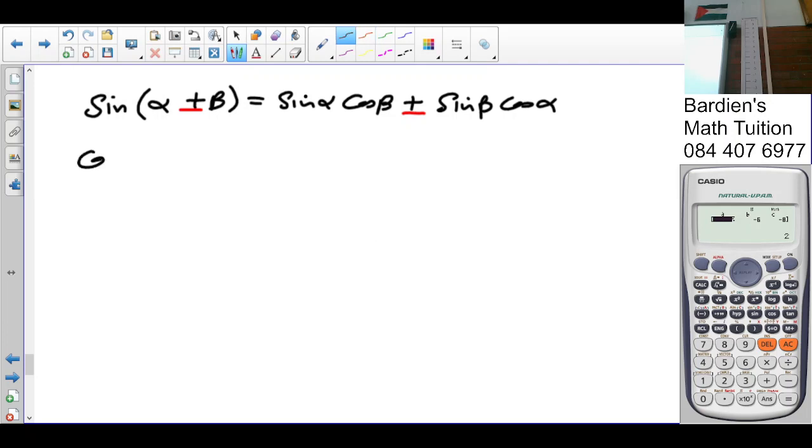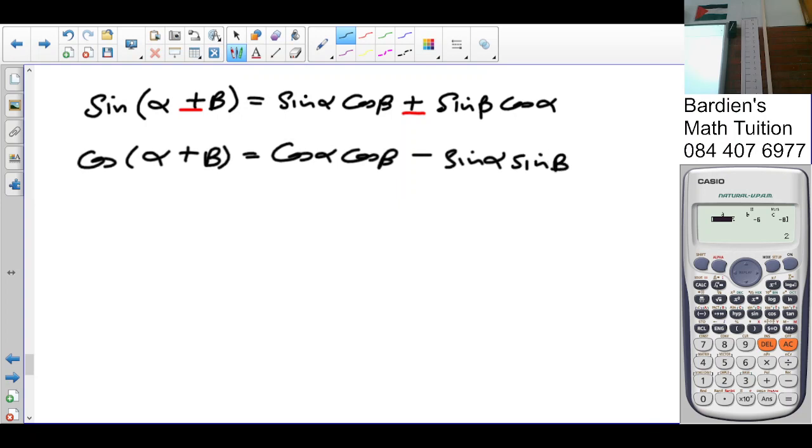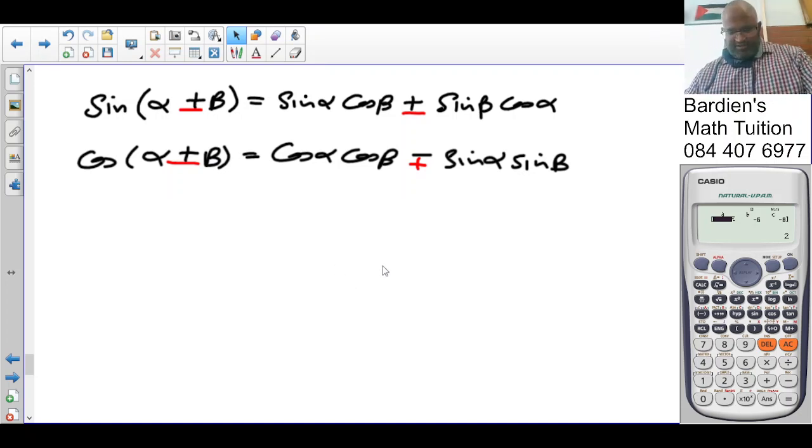The other formula is cos alpha plus beta is going to be cos alpha cos beta, opposite sign, minus sin alpha sin beta. Okay? And if that is negative, then that will be positive. Okay? So let's look at a couple examples regarding these formula.